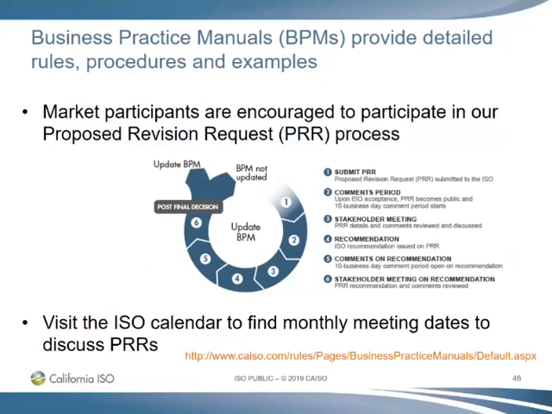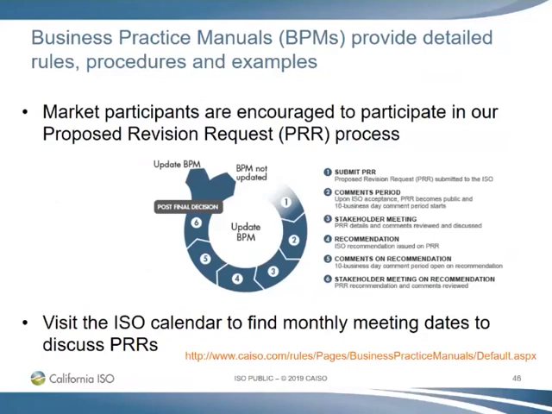Our systematic and publicly transparent change management process ensures the consideration of all relevant information when modifying the manuals. The change management process uses a system available through the ISO public website that provides a way to propose BPM changes, comment on open change requests, and track proposed change requests.